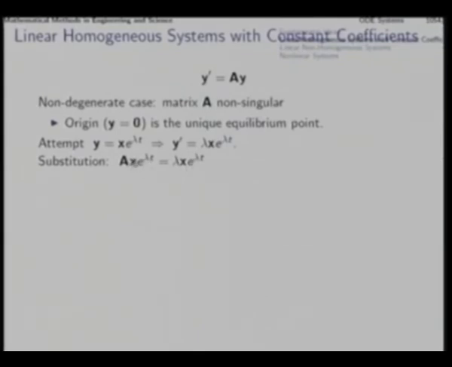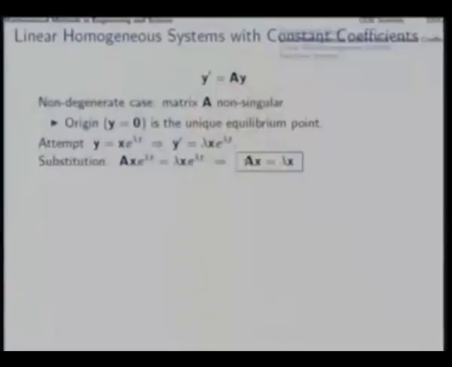So, the only way these two can be equal is by A x equal to lambda x, right. Since e to the power lambda t in general will not be 0, we can cancel it and get A x equal to lambda x. Now, what is this? This is simply the eigenvalue problem of this square matrix A, from which we can determine x and lambda. So, with the formal solution of this eigenvalue problem, we can determine the eigenvalues lambda 1, lambda 2, lambda 3 up to lambda n, because this is an n by n matrix, and corresponding eigenvectors x1, x2, x3, etc.